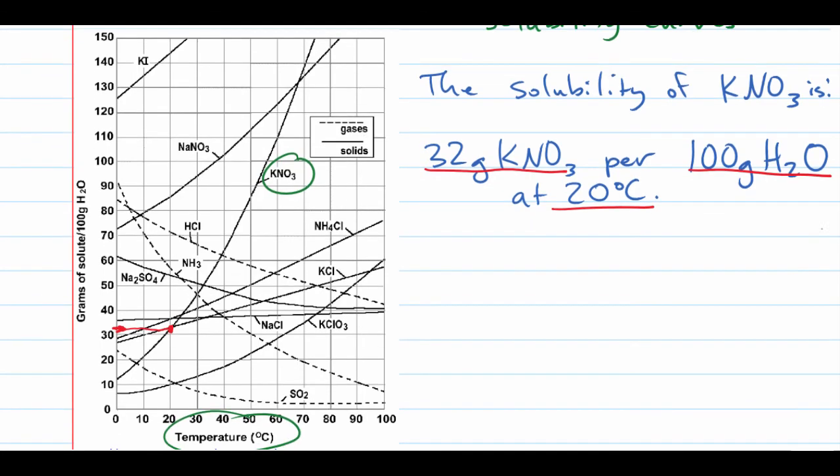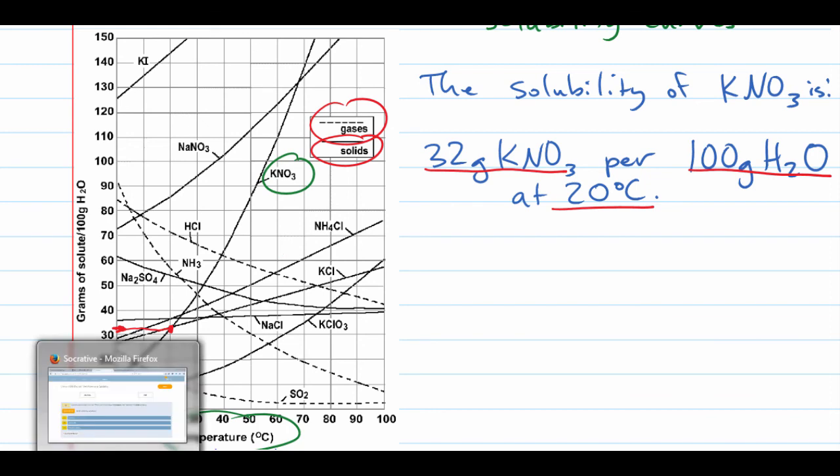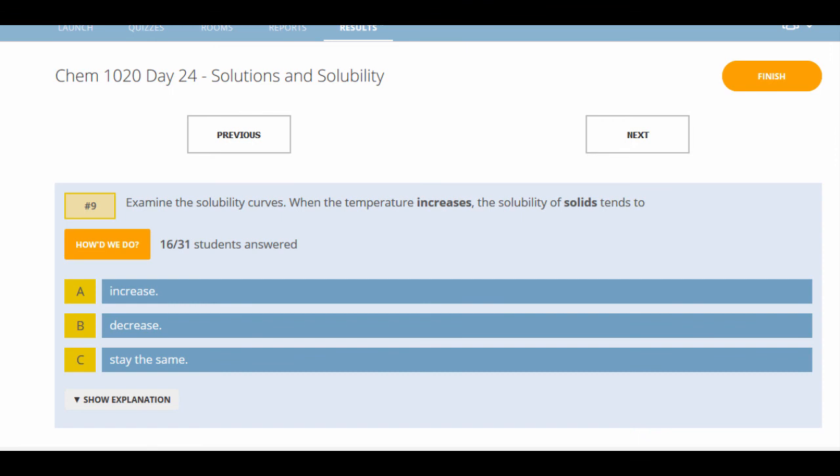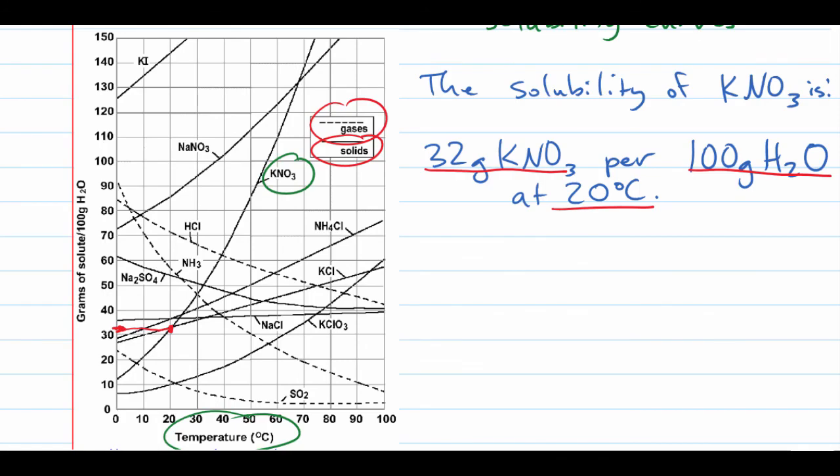Notice now that there's two different types. We have the solids, which are the solid lines. We have the gases, which are the dotted lines. So from your vantage point, look at the solids, and answer the first question, which says, examine the solubility curves. When the temperature increases, the solubility of solids tends to do what?